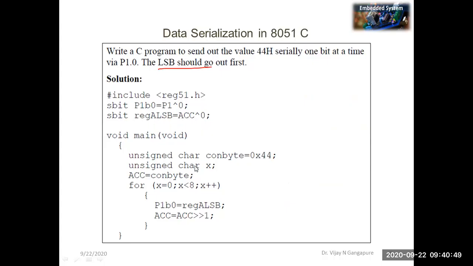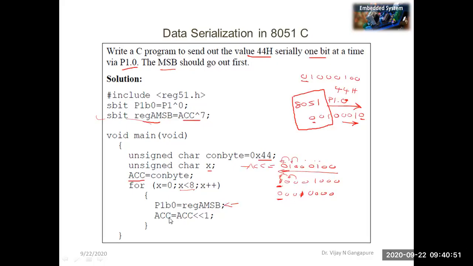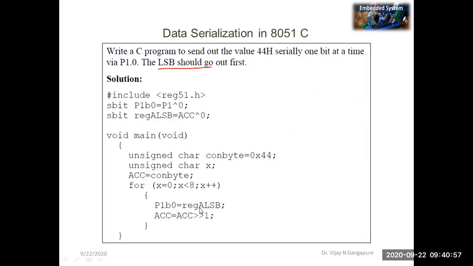And instead of shifting data towards left in the accumulator after transmitting each bit, here in this program where the lsb is being sent first, the accumulator is being shifted towards right by one position each time.